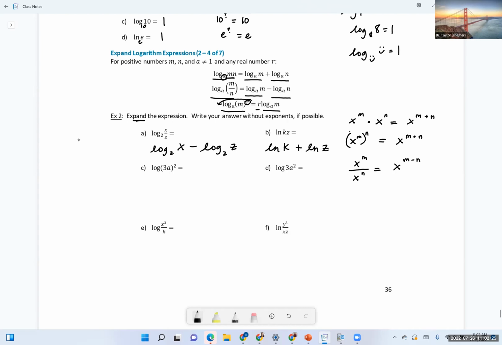Any questions so far of how you go from this condensed form to the expanded form? Okay, when you have it raised to a power, we end up with 2 times log 3a. But don't forget that in log 3a, those are multiplied, so we can expand this even more. And we get 2 times, and I'm gonna put this in parentheses, log 3 plus log a.